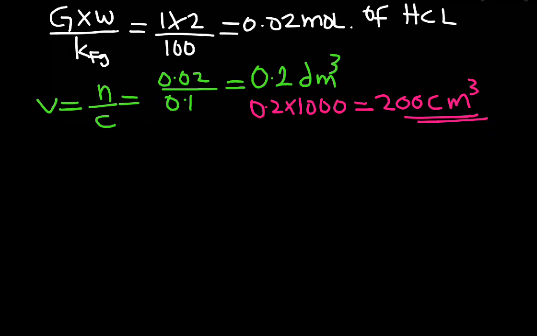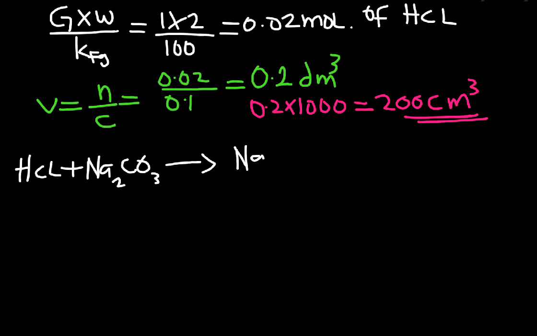That would be HCl plus Na2CO3. This would give us sodium chloride, NaCl, plus water plus carbon(IV) oxide, CO2.